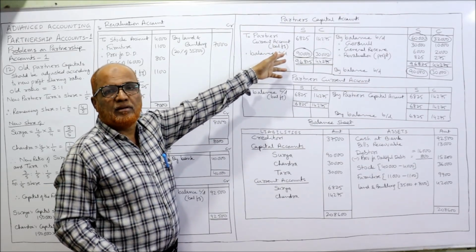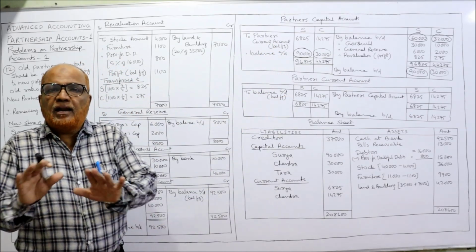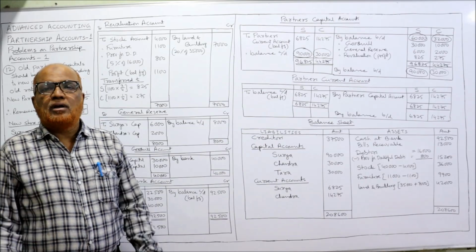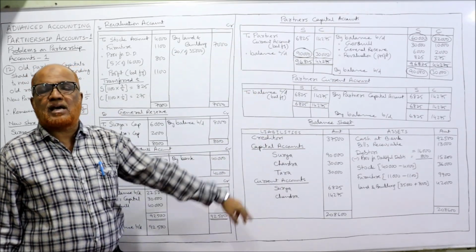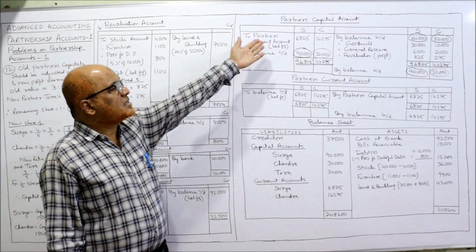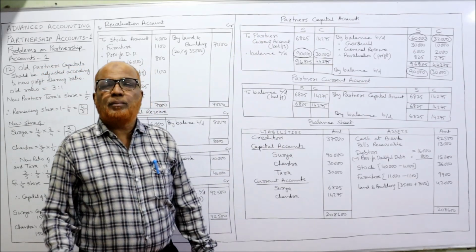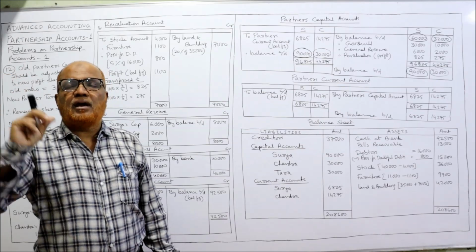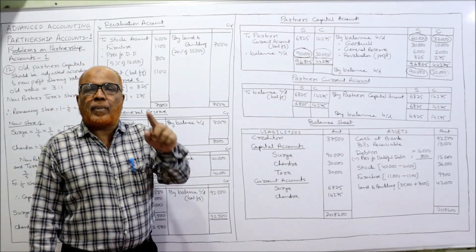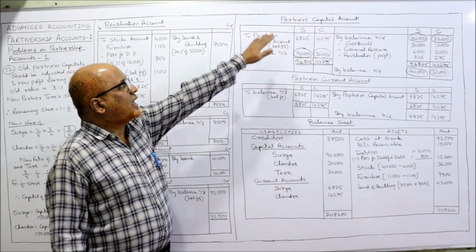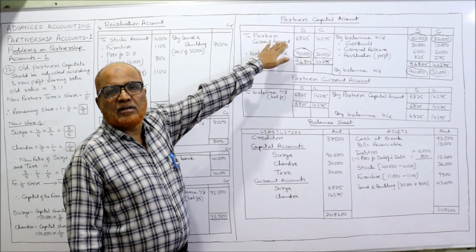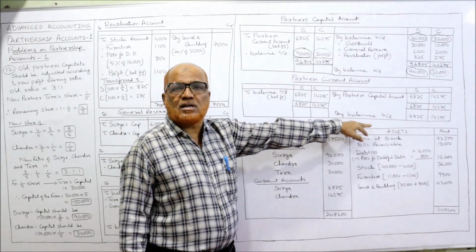Now the current account. Earlier there was no current account. Now a current account has been opened to adjust the excess capital. The entry will be partners' capital account debit, partners' current account credit. So the capital account is debited, the current account is credited.